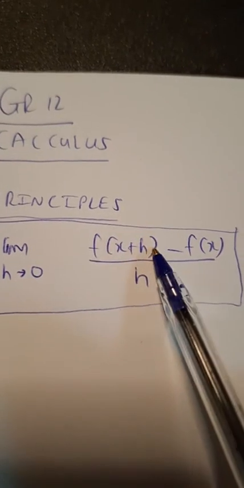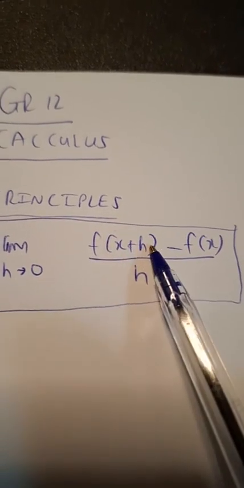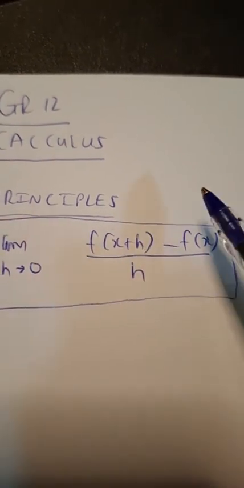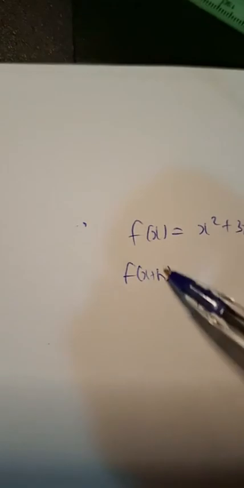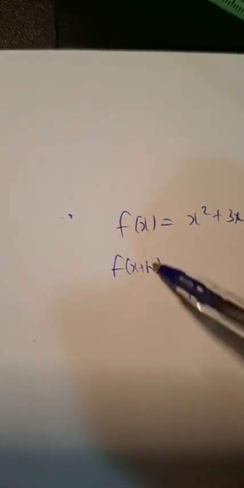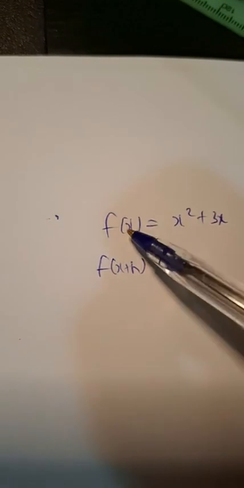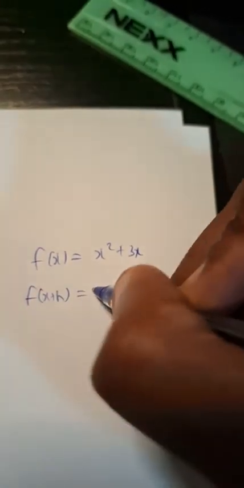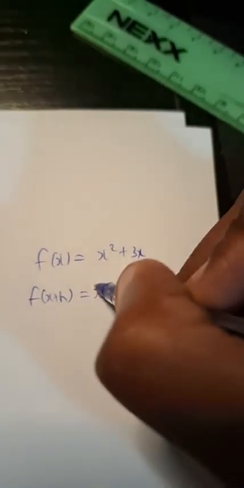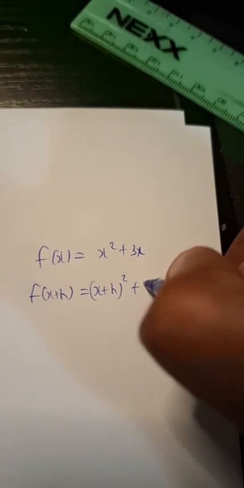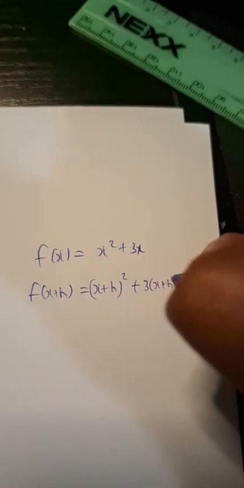Then we also need to have f of x plus h. So in other words, we need to just simply take this function, which is f of x, and all we need to do is, in the place of x, substitute x plus h. So where x is in this particular function, we need to substitute x plus h. So we go ahead and we do that: x plus h, the whole thing squared, plus 3 into x plus h.